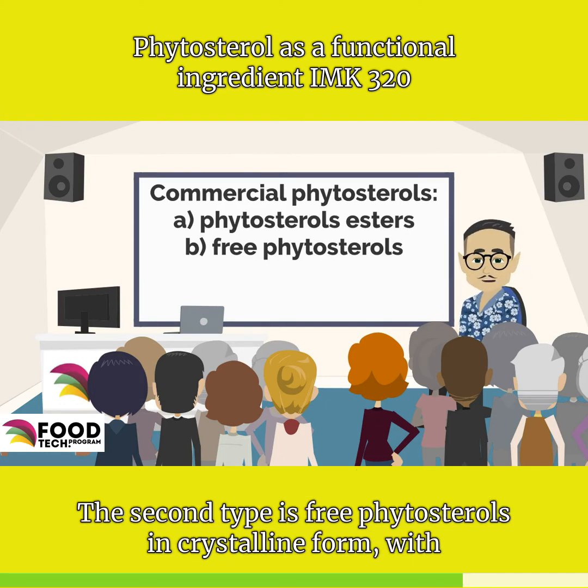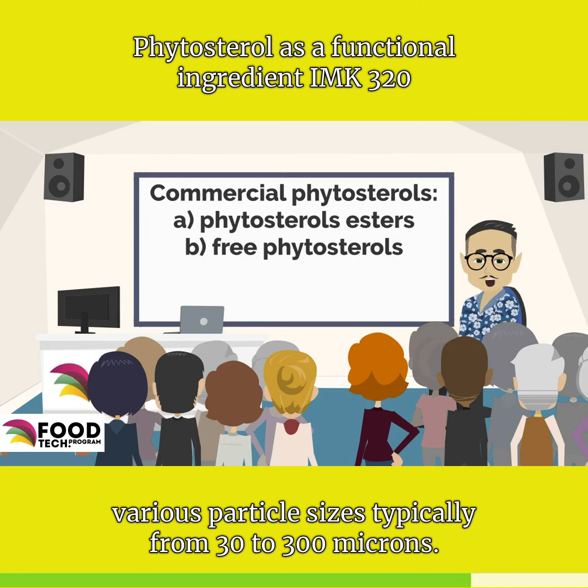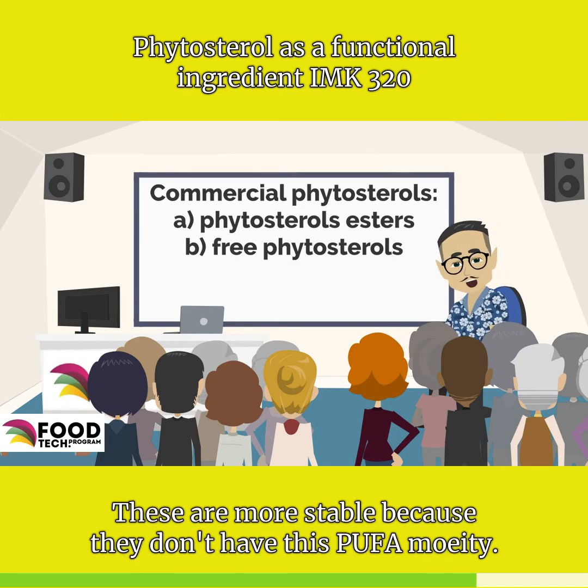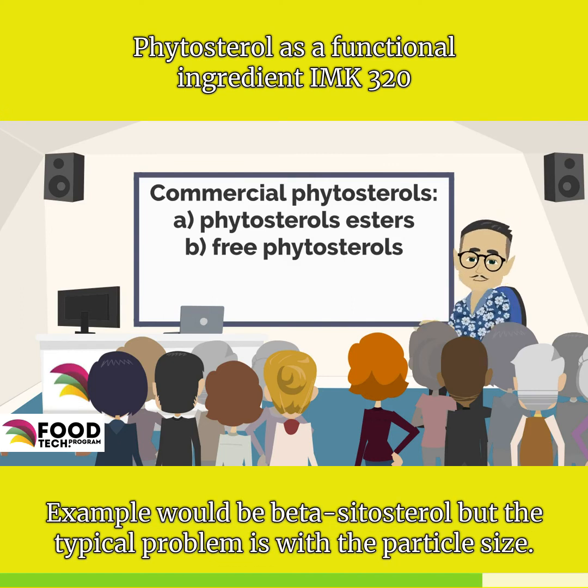The second type is free phytosterols in crystalline form, with various particle sizes, typically from 30 to 300 microns. These are more stable because they don't have the fatty acid moiety. An example would be beta-sitosterol, but the typical problem is with the particle size.